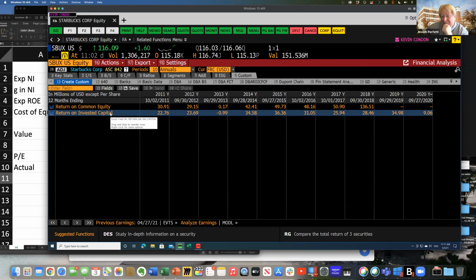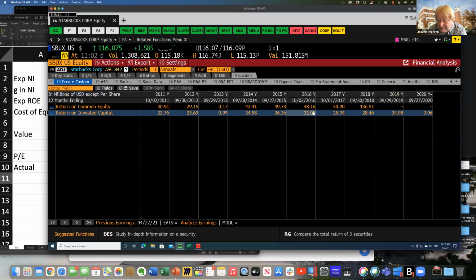What would we need to know? If this is the average return in debt and equity, and if we knew the capital structure, how much debt versus how much equity, we could work out what the return on equity would need to be.